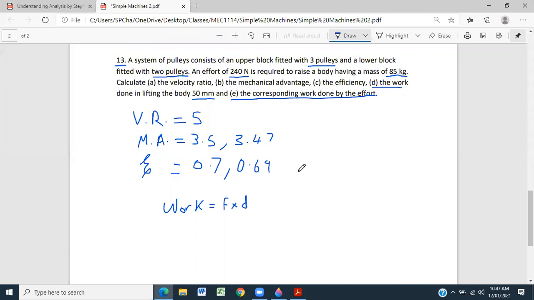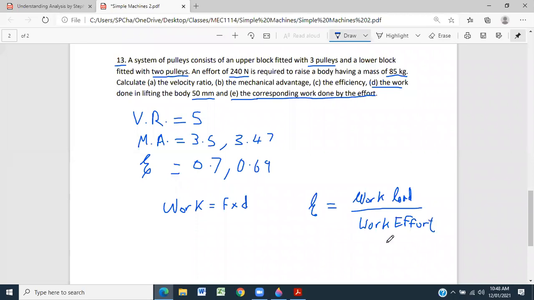Efficiency is equal to work done on load divided by work done by effort, right? So this is what you want to use.